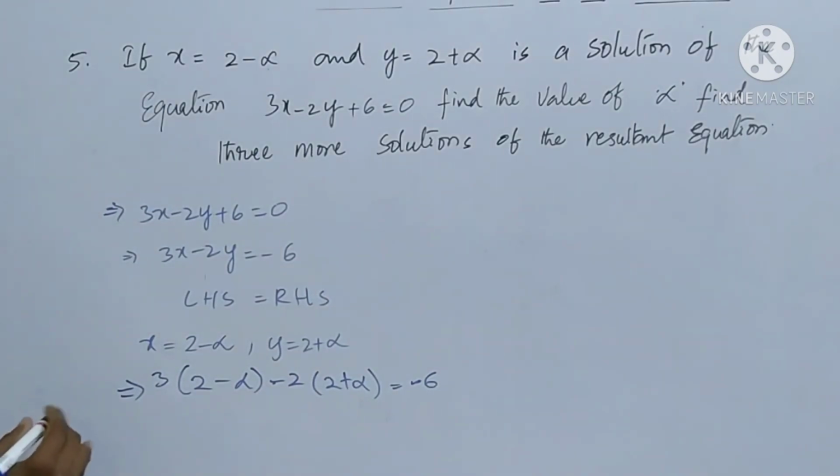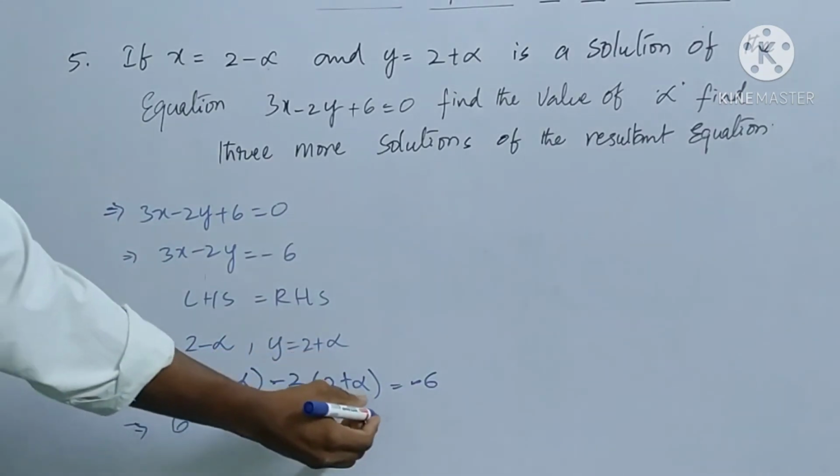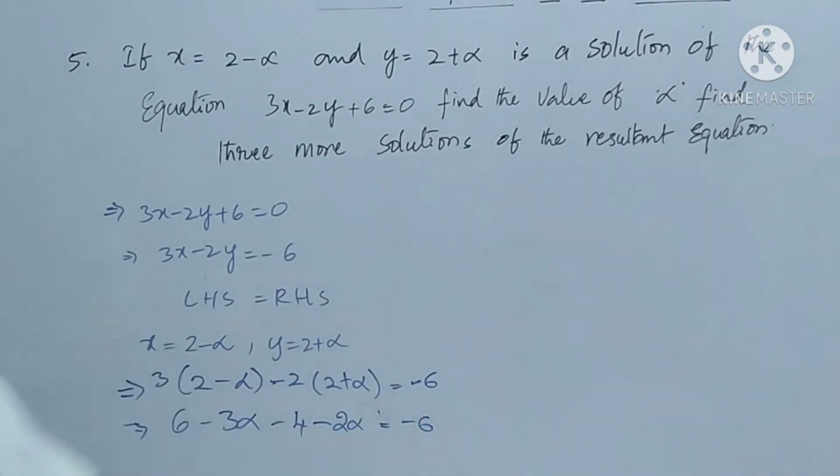So that is equal to 2 into 3 is 6, minus 3 into alpha is 3 alpha, minus 2 into 2 is 4, minus into plus minus, 2 into alpha is 2 alpha, is equal to minus 6.